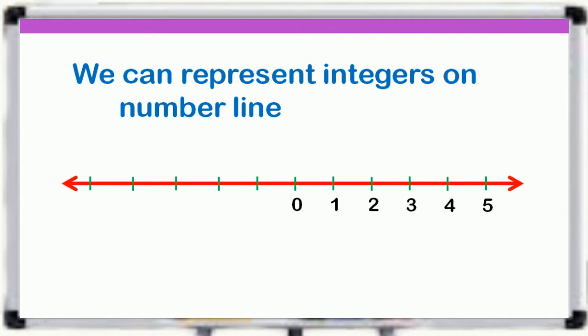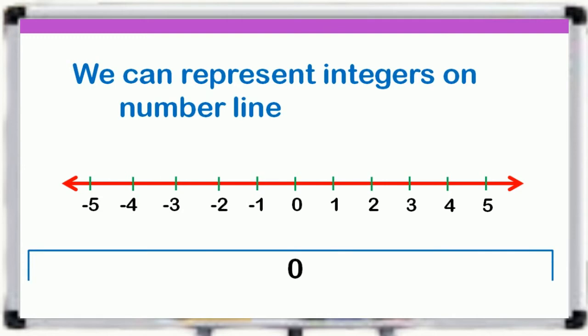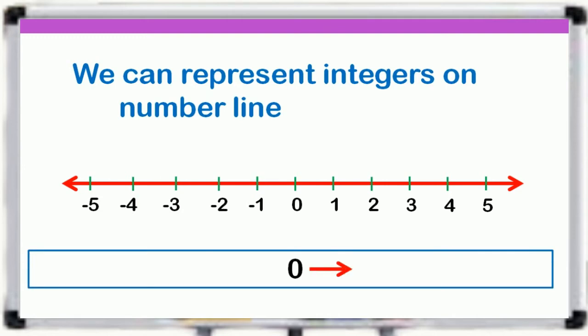On the left side of 0, write negative numbers -1, -2, -3, -4, -5. This is the integer number line. At the middle write 0, on the right side of 0 write positive numbers, on the left side of 0 write negative numbers.